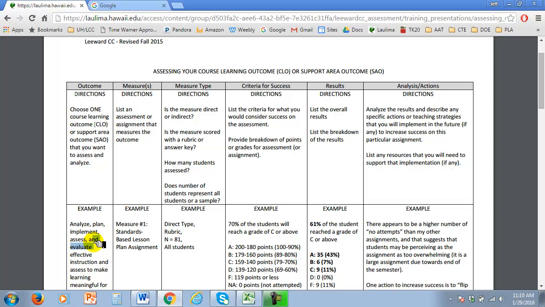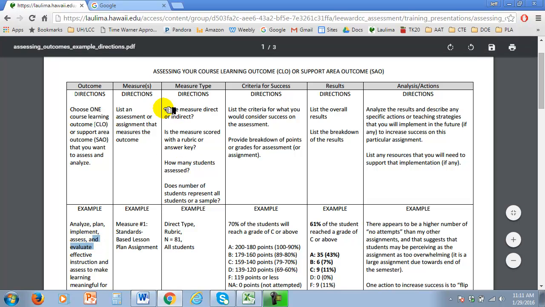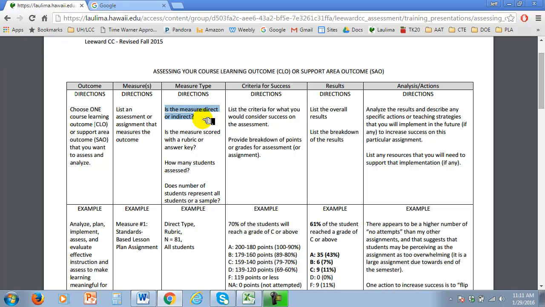So once you've chosen an assessment or assignment that you feel is measuring the outcome, then you just answer a series of simple TK20 questions. For example, is the measure direct or indirect, which simply means is it an actual score versus a perception survey? Indirect is when you're asking students what they thought about it.